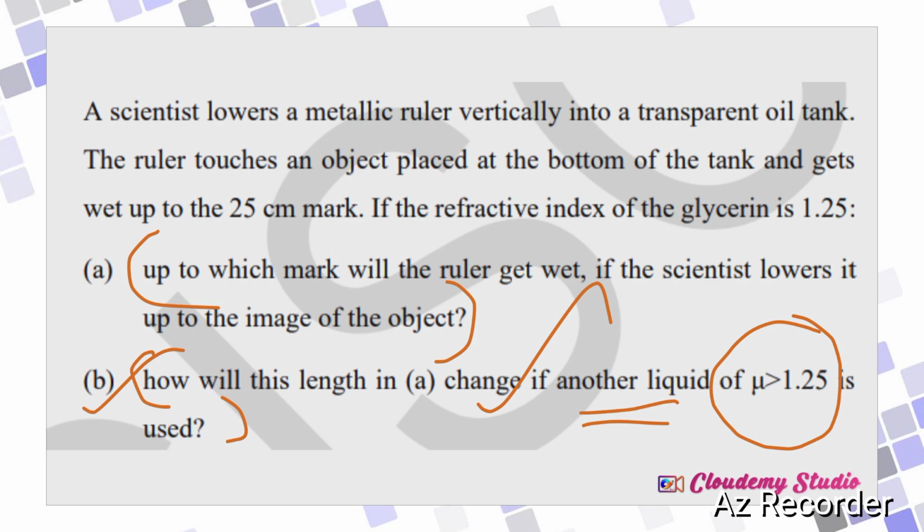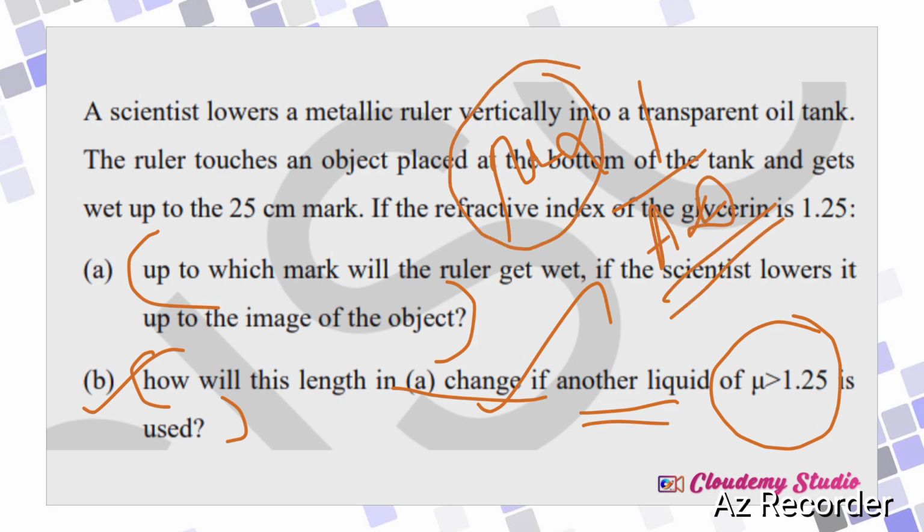Yes, it would change, because we know that the refractive index mu is inversely proportional to the apparent depth. So on increasing the refractive index of a liquid, the answer which we got in part A must decrease. For the refractive index to increase, the apparent depth must decrease.